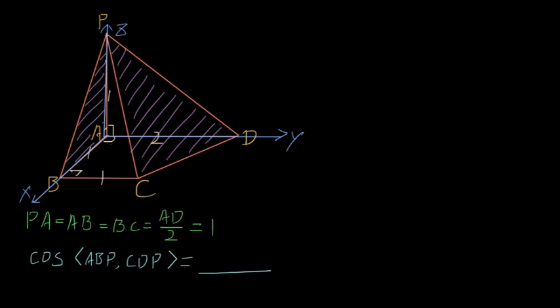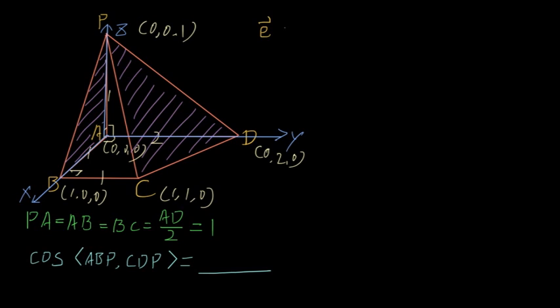And now we mark out all the points. A is 0, 0, 0. B is 1, 0, 0. D is 0, 2, 0. C is 1, 1, 0. And P is 0, 0, 1. Let's say we have a vector E that is perpendicular to plane ABP.